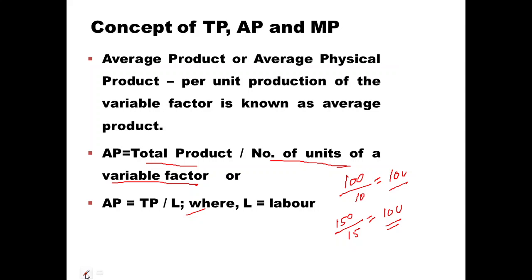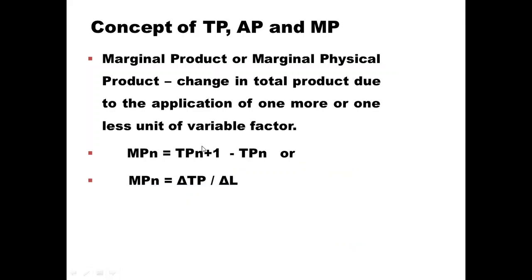Now, moving on to the third and last concept, that is marginal product, or marginal physical product. Marginal product is, by changing one variable factor more or less, how your total product is changing. By increasing one labor, what difference it makes on the total product is known as marginal product.